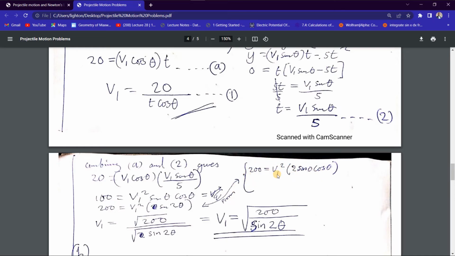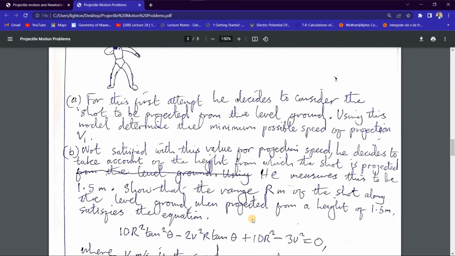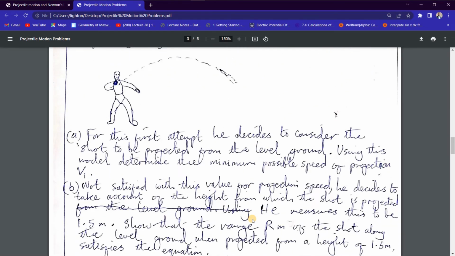And just from here, you can make v1 the subject of the formula: v1 equals the square root of 200 over sine 2 theta. And there you have the expression for v for the first attempt.